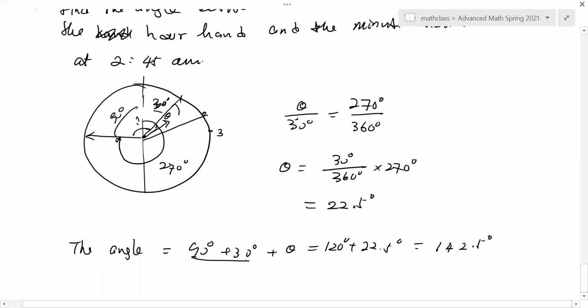Add them together. Okay. All you have to do is just find the theta and use a proportion, right? Theta compared to 30 is going to be 270 compared to 360. That's it. Then you get the angle, right? Yeah. So a little bit challenging.